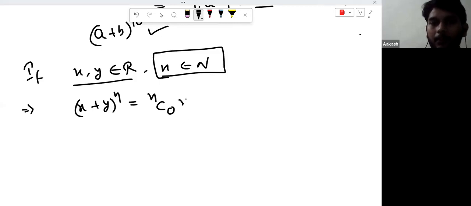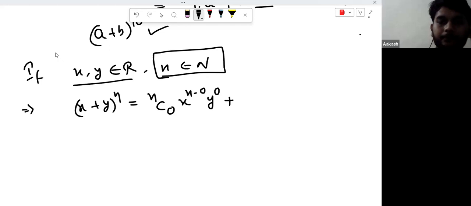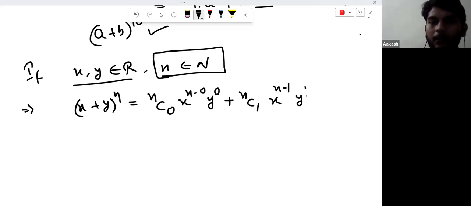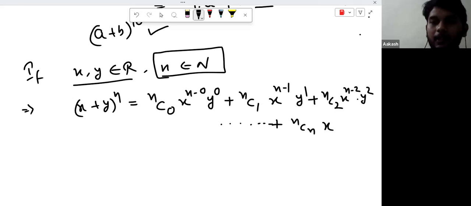nc0 x to the power n minus 0 y to the power 0 plus nc1 x to the power n minus 1 y to the power 1 plus nc2 x to the power n minus 2 y to the power 2, so on till ncn x to the power n minus n, which is 0, into y to the power n.